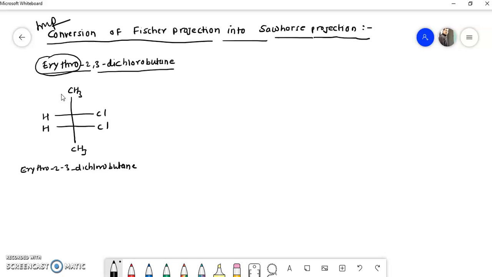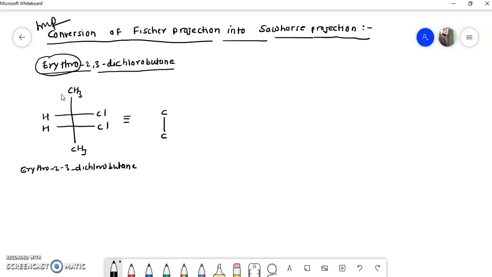Now, while drawing the Fischer projection formula, I have already explained that the bonds on horizontal lines are above the plane and the bonds on vertical lines are below the plane. So this structure can be represented like this for our understanding.